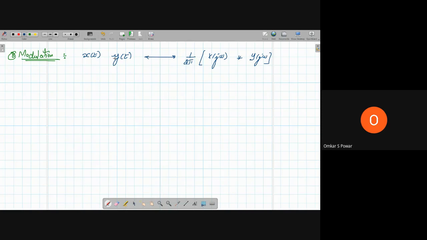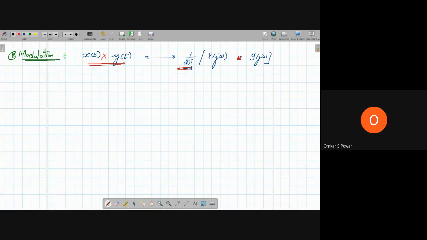Same thing, but here you have to multiply by 1 by 2 pi. Okay, so that's the difference. So if you multiply in the time domain, in the frequency domain it is convolution multiplied by a 1 by 2 pi factor.